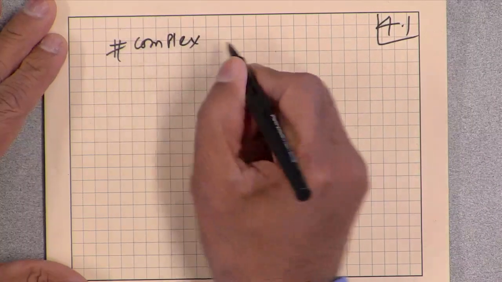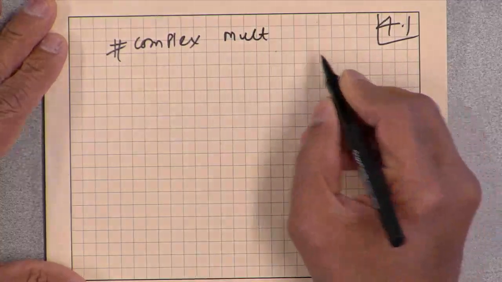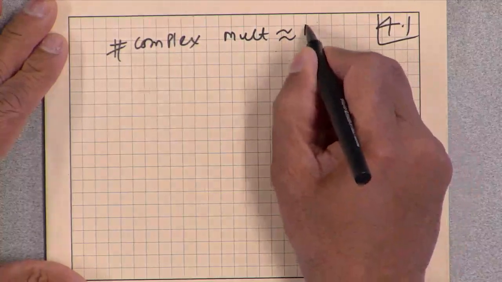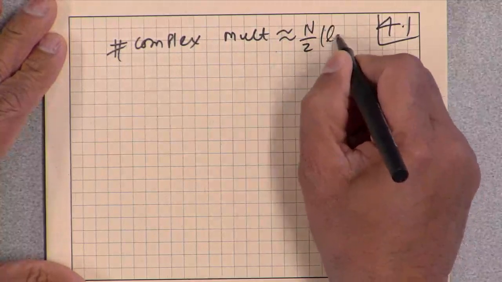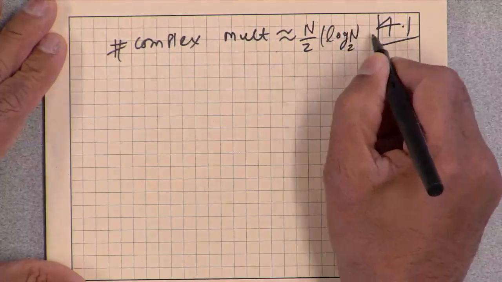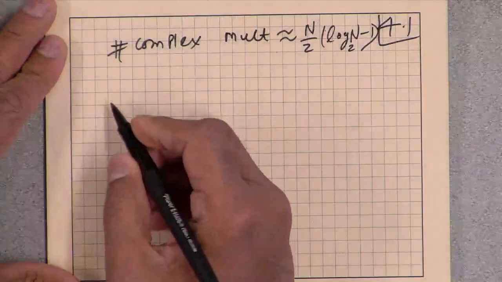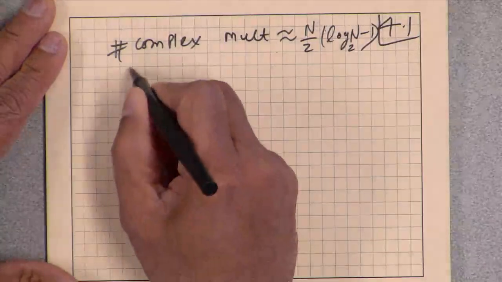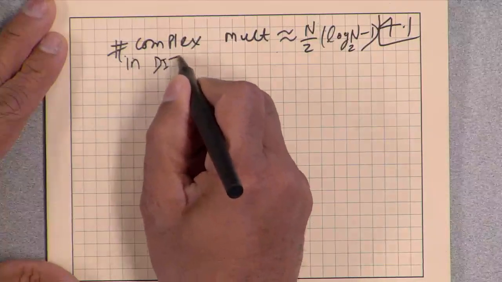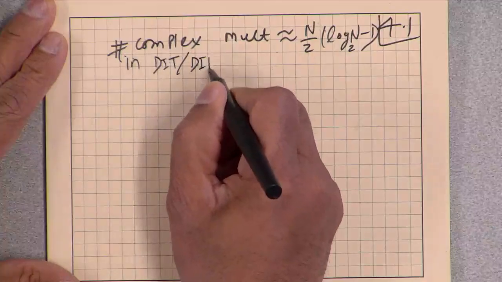So really, it's n by 2 multiplied by log n minus 1. So rough estimate, number of complex multiplications is about n by 2 times log n minus 1. But in DIT or DIF, we can definitely get a better estimate.